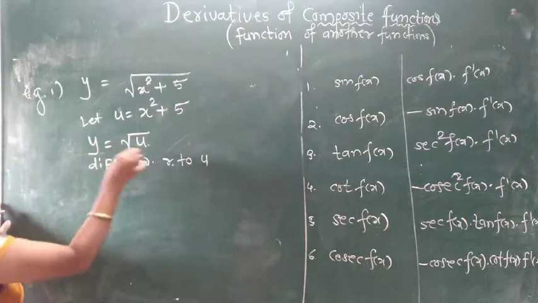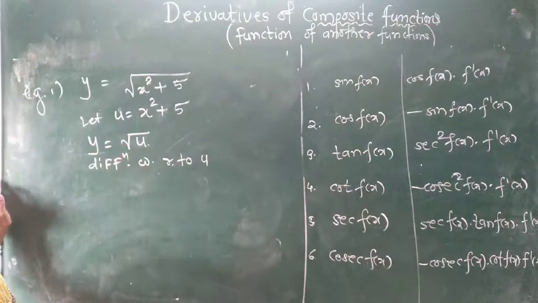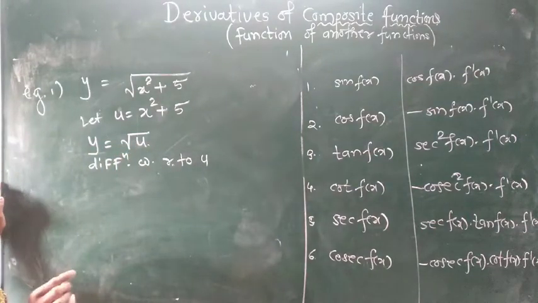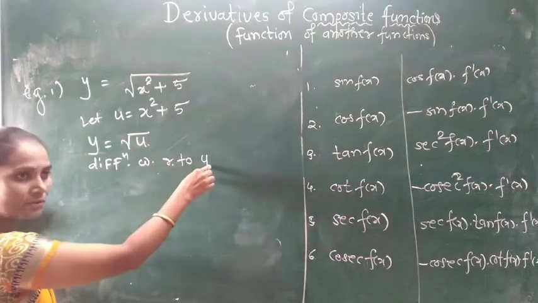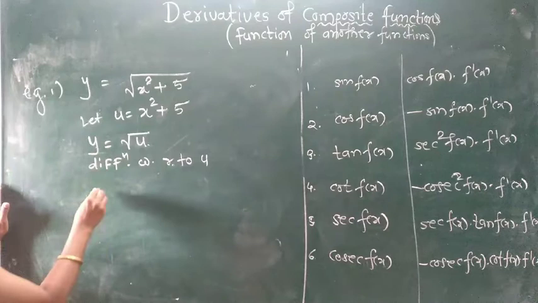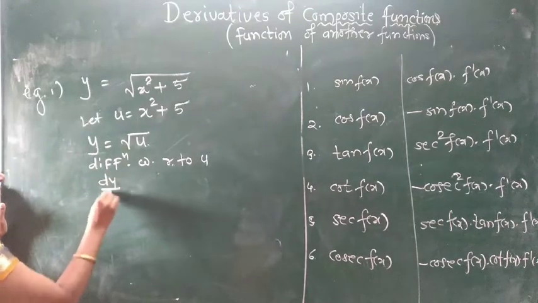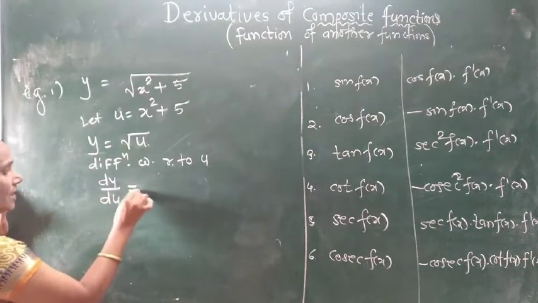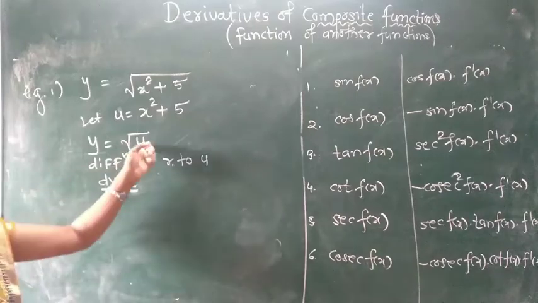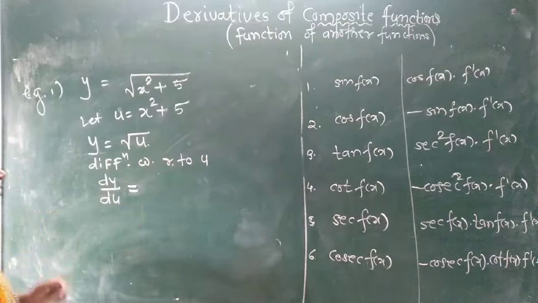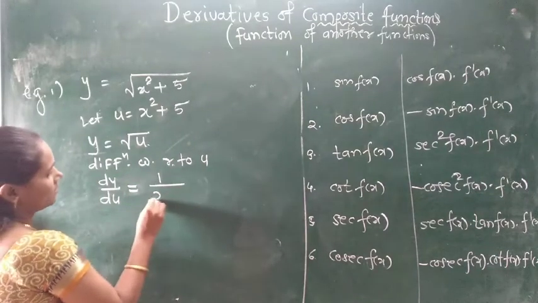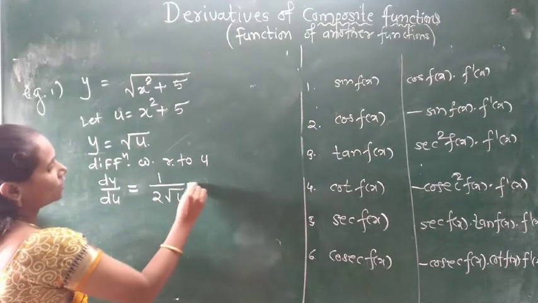Now y is a function of u. If y is a function of x, then we differentiate with respect to x. Here y is a function of u, so differentiate with respect to u. So derivative of y is what? dy upon du is equal to derivative of root u. Derivative of root x is 1 upon 2 root x, so derivative of root u is 1 upon 2 root u.